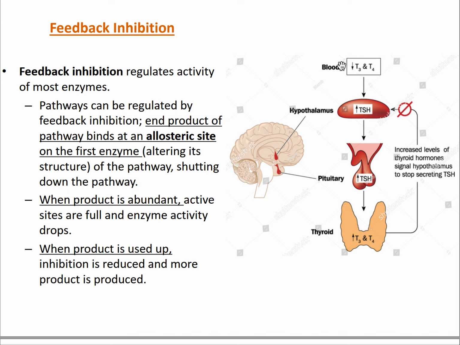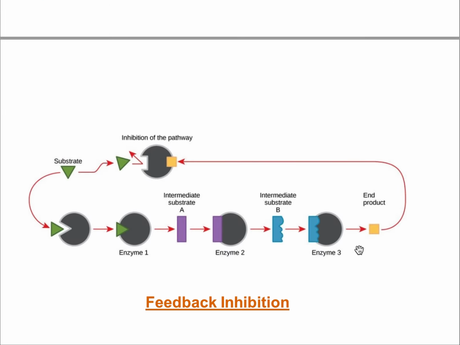So this is the formation of thyroid hormone from first to last, and this is the hypothalamus. An increased level of thyroid hormone signals the hypothalamus to stop synthesis of thyroid stimulating hormone. When the product is abundant, active sites are full and enzyme activity drops. When the product is used up, inhibition is reduced and more product is produced.